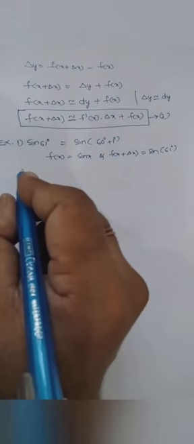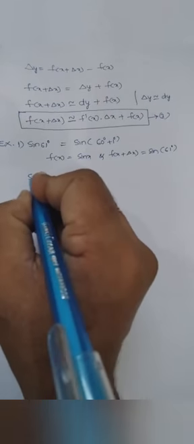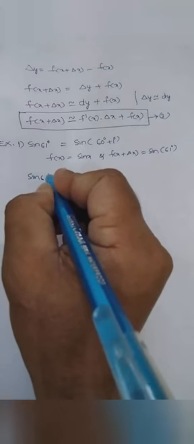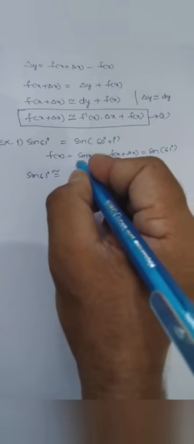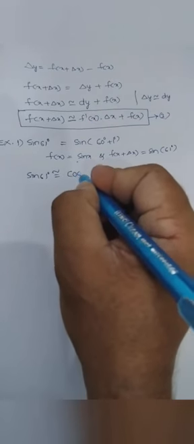So we need to find the value of sine of 61 degrees. We will use this formula for that. Sine of 61 degrees is approximately equal to f dash of x. What is our f of x? Sine x. F dash of x is the derivative, which is cos x.